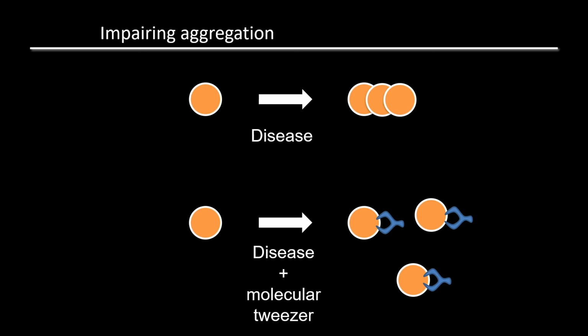Now, it won't only impede the formation of new clumps, it will also dissociate or unpick these. And the way it does it is, we tend to think about clumps or aggregates as really static, as once these three are together, there's no pulling them apart. But actually what happens is these three are together and then another big round blob might come along and join in, and so there's a fourth, but then it might lose one.